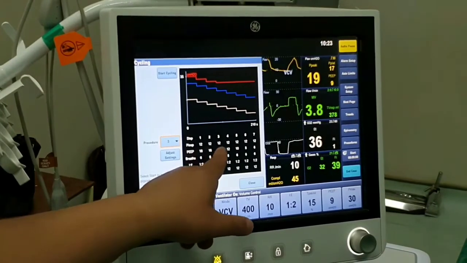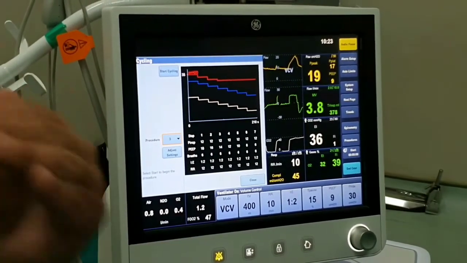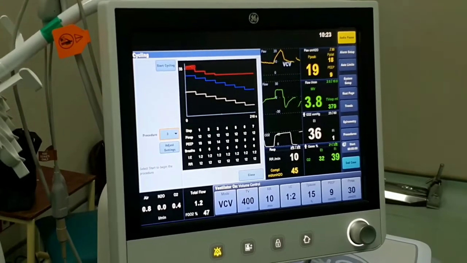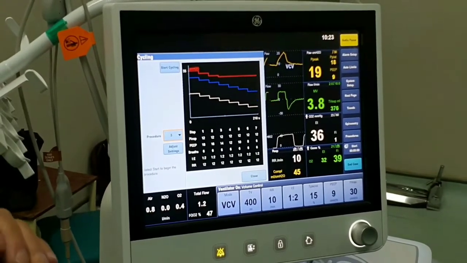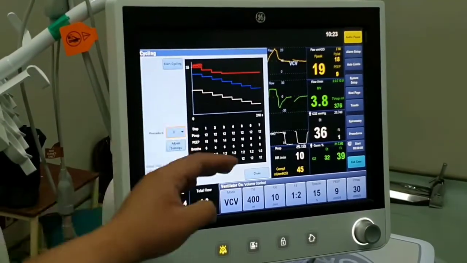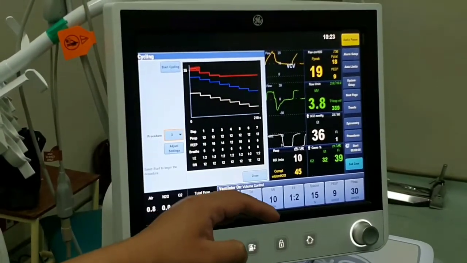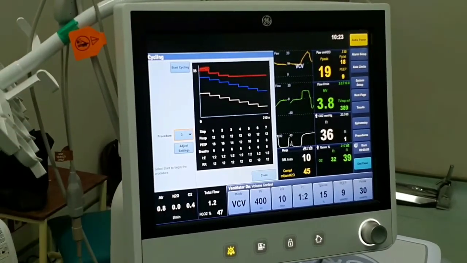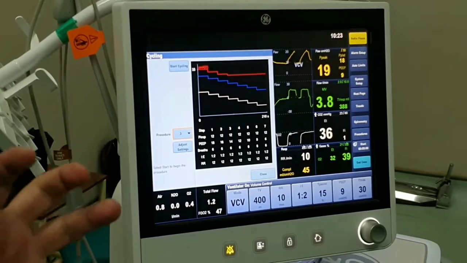So when you start decreasing the PEEP, you see the compliance start increasing because it's becoming easier to inflate the lungs. But eventually, after the patient's optimal PEEP, if you keep on decreasing the PEEP, the compliance will actually start dropping because the lungs start collapsing again.